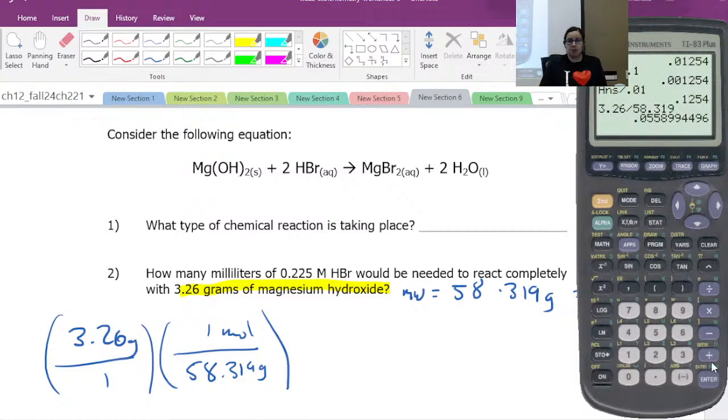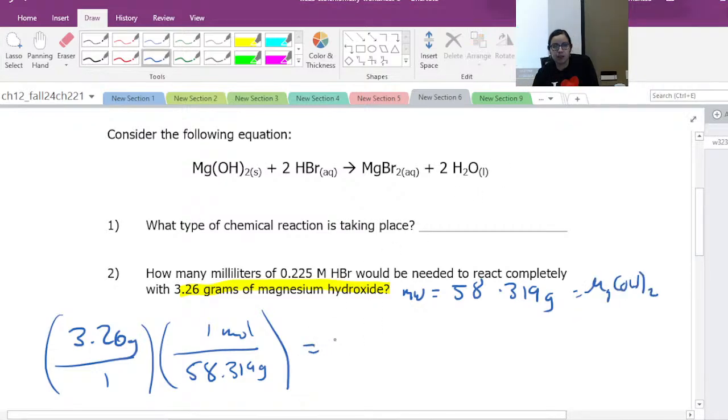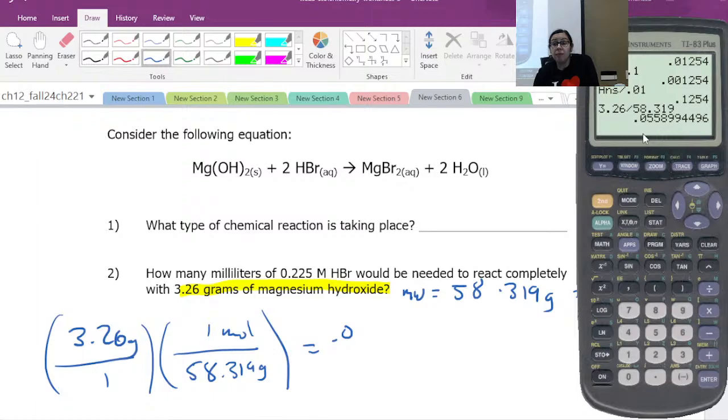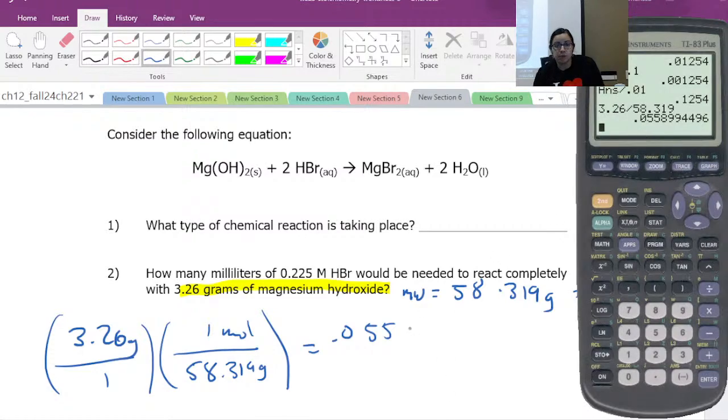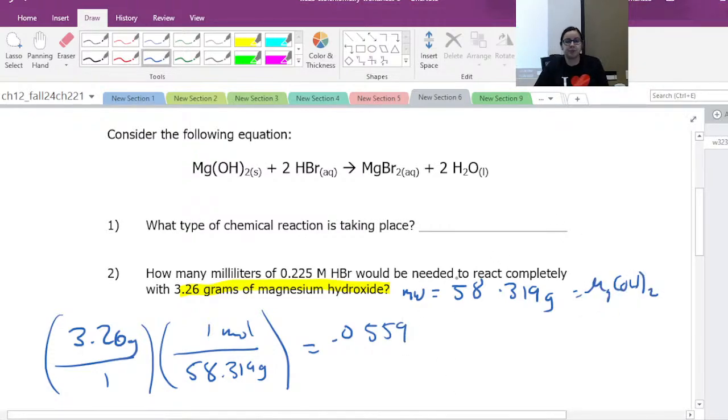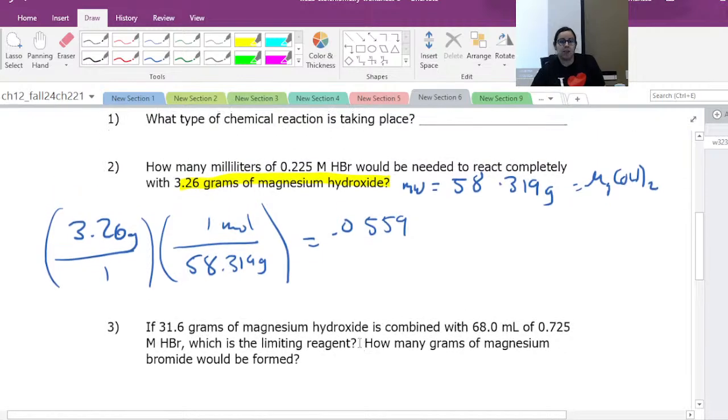And so where do we go from here? So I might set up a proportion. So we have moles, so let's do over X, right? Well, hang on.